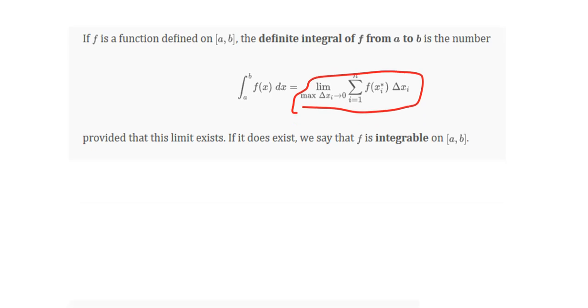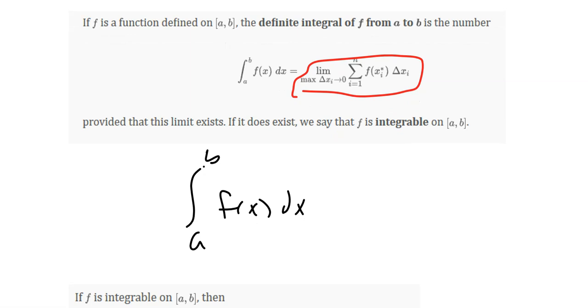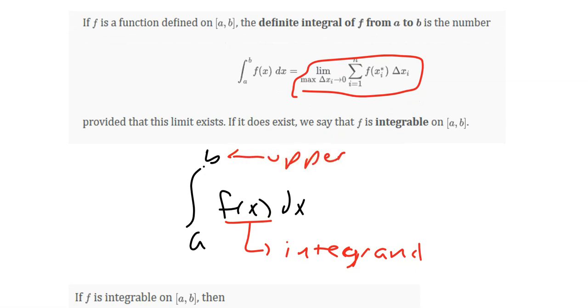A couple of things about terminology. When we have this symbol, whatever the function is, this is what we call the integrand. This number is the upper limit.